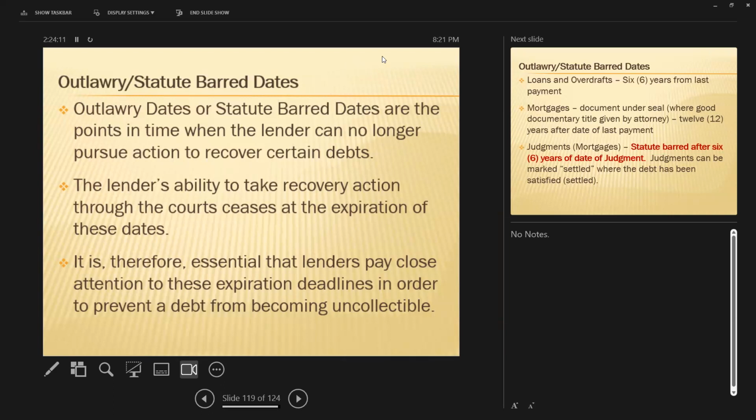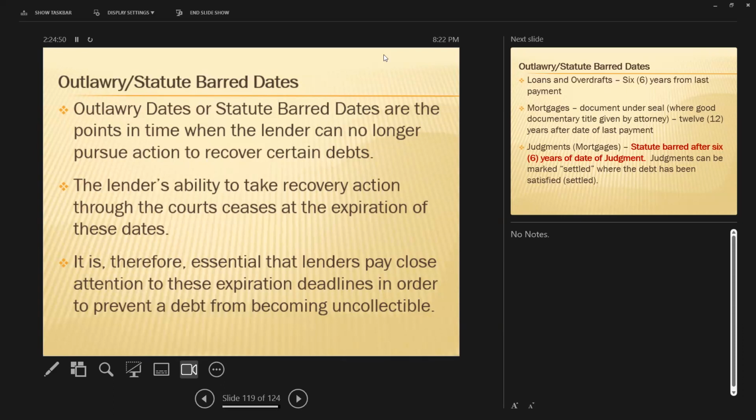Okay? I, in recent times, was contracted to assist a lender with their delinquency, one of the areas I looked at, and they did not pay attention to the outlawry dates and the statute bar dates, and so collectively, you're looking at millions of dollars that they can no longer go after those clients for through the courts.